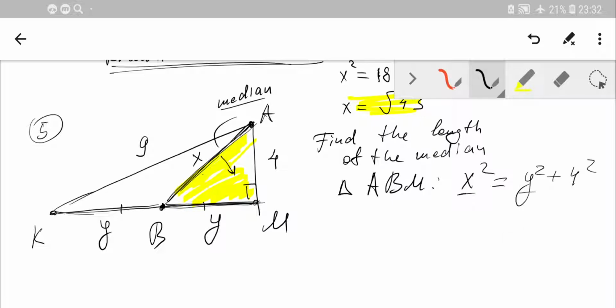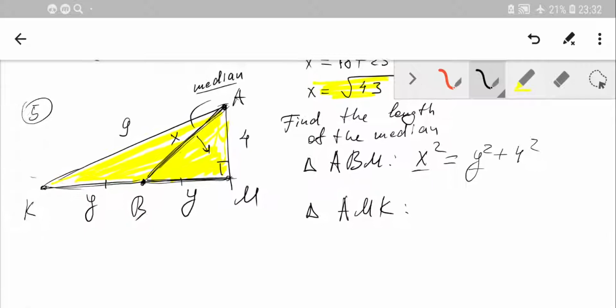You'll probably find it if you just keep going, all right? Now, I will use the big triangle, I mean the whole triangle. So from triangle AMK, the big one, right, can we write the same Pythagoras? Yeah, of course. Sure, no problem.